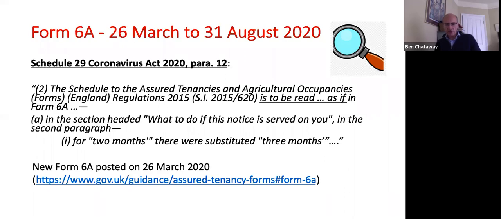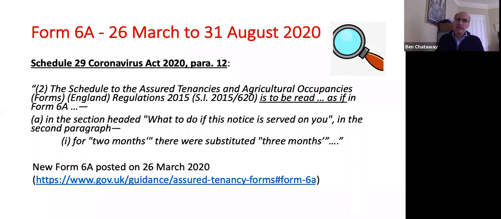And the issue that's been raised is, well, what does that mean? Does it mean that landlords are required to use the old form, which, although in printed text it refers to 2 months, should be read as if it refers to 3 months?